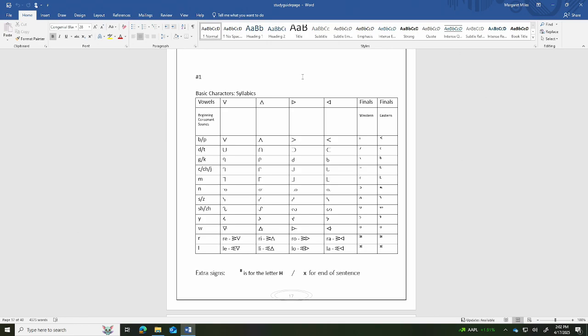The M sound, M, Me, Mi, Mo, Ma. N, Ne, Ni, No, Na. The S and the Z sound, Se, Si, So, Sa.